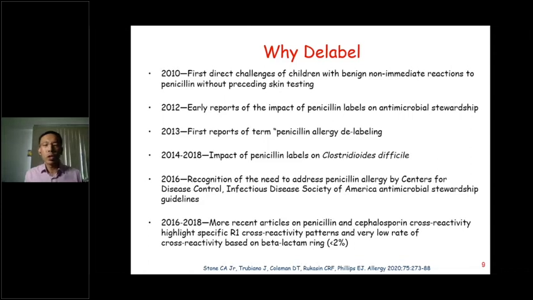So in 2016 to 2018, there were more recent articles on penicillin and cephalosporin cross-reactivity, which highlighted what we probably didn't know in the 1990s or the early 2000s, that specific R1 cross-reactive patterns and very low rates of cross-reactivity based on the beta-lactam ring was actually the truth behind this so-called penicillin and cephalosporin cross-reactivity.